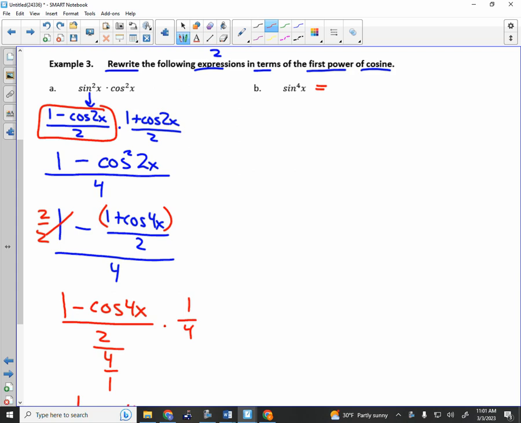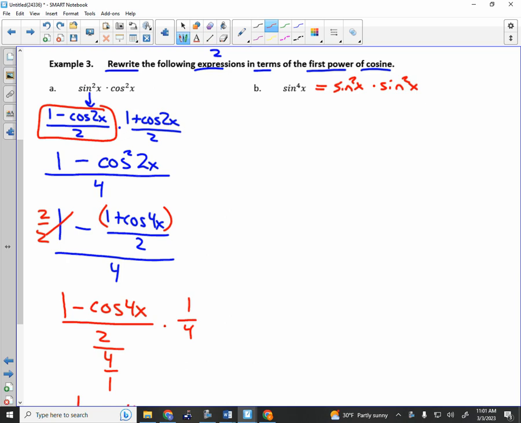Hint, I'm going to rewrite this as sine squared times sine squared. Because I know what sine squared is. I don't know what sine to the 4th is, but I know what sine squared is.